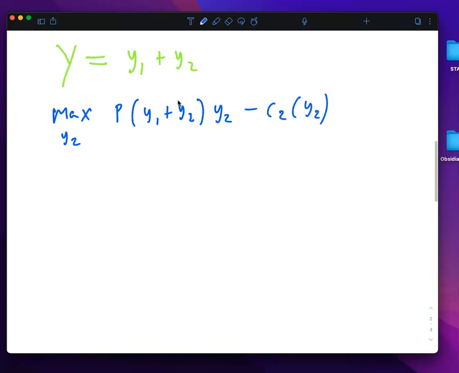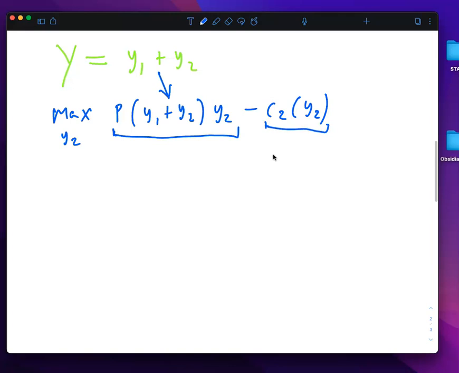Okay. What I'm doing here is I'm actually just plugging in the total output. So I'm saying that this is a function of total output, and of course we're going to have this portion right here would be the revenue or the points they get, and then right here is going to be the cost.